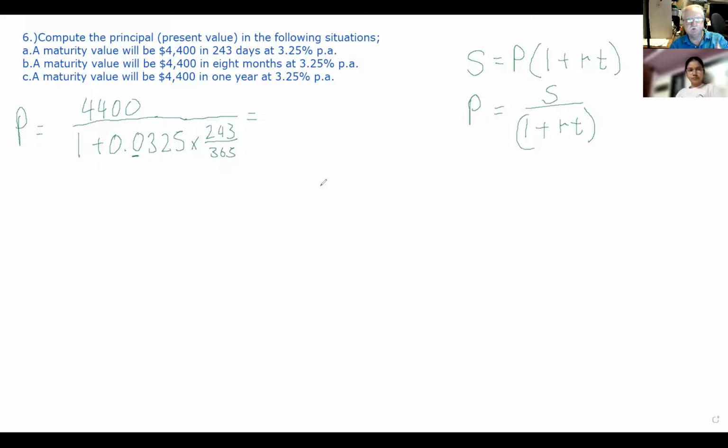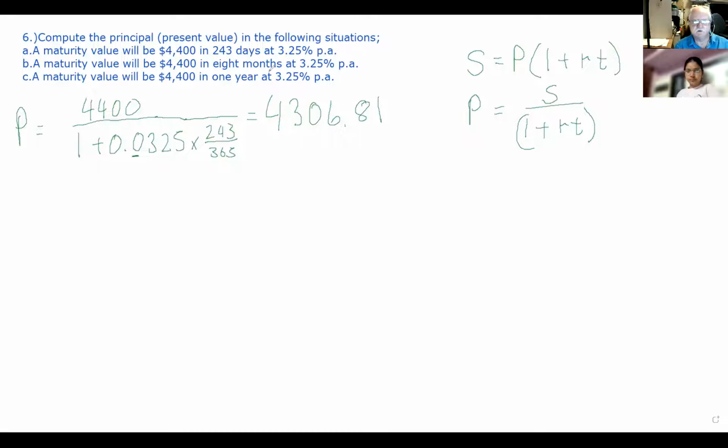And then I've got to flip this from the denominator into the numerator. So 1 over x times 4400. And I'm getting 4306.81.